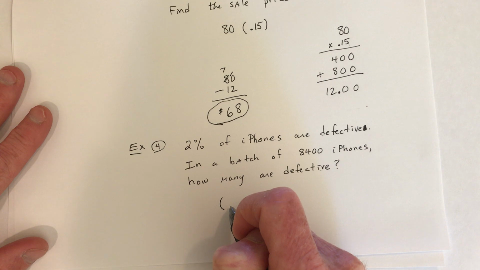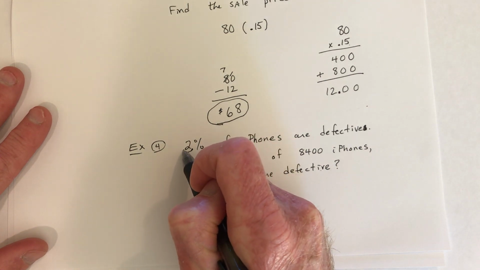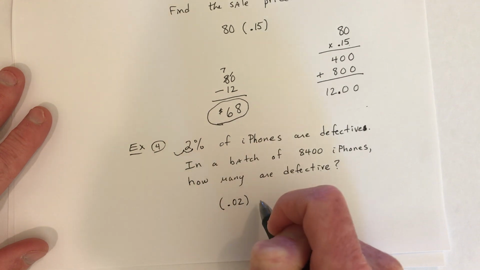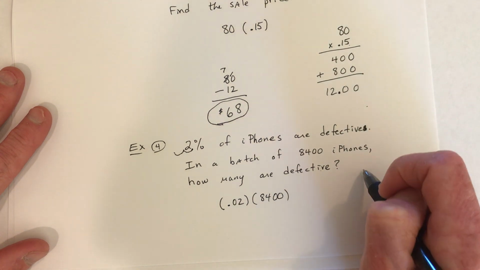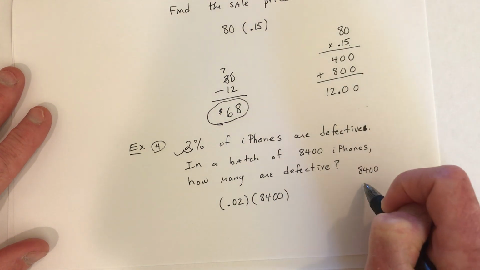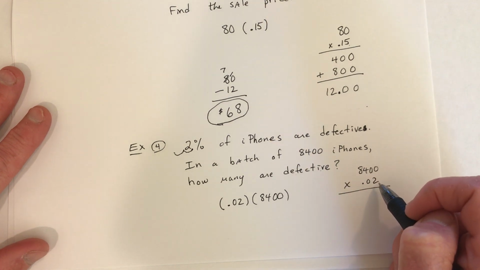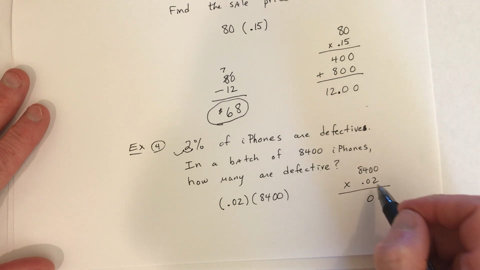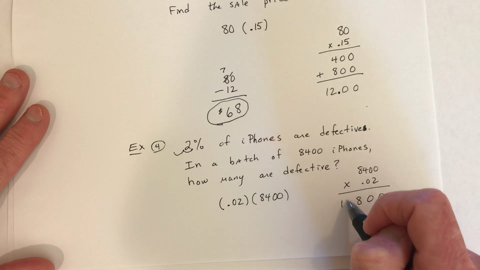So change 2% to a decimal. So right now the decimal is here, move it over by 2. So that's going to mean 0.02 times 8,400. So there's 2 times 0, there's 2 times 0, 2 times 4 is 8, and 2 times 8 is 16.